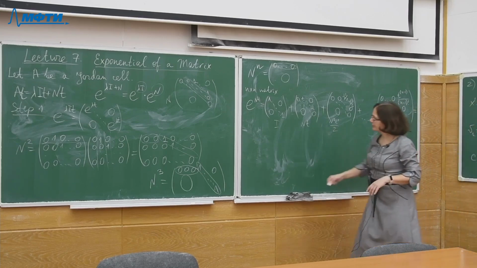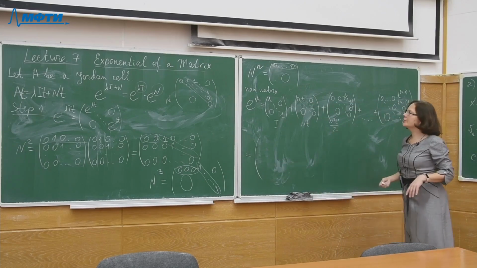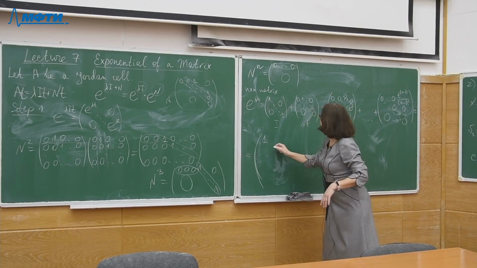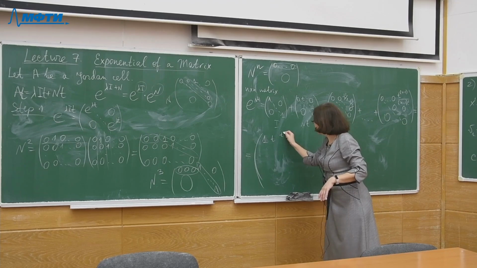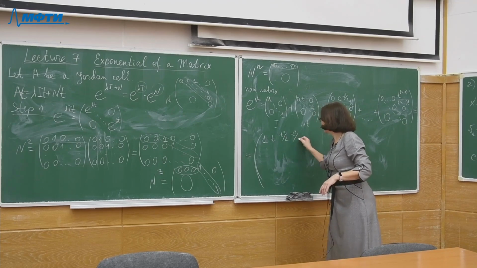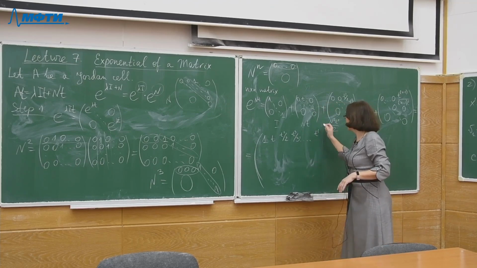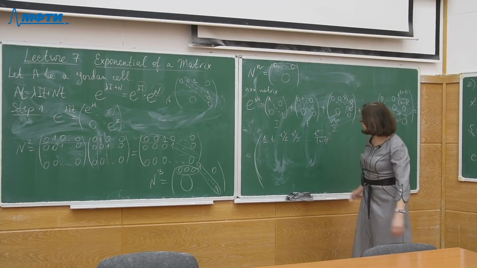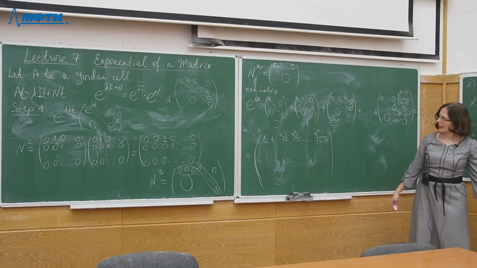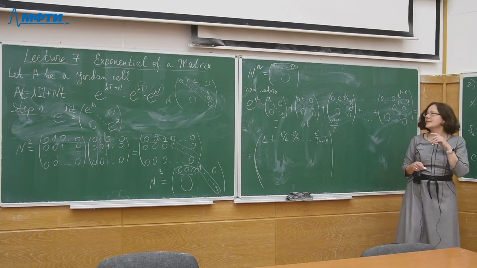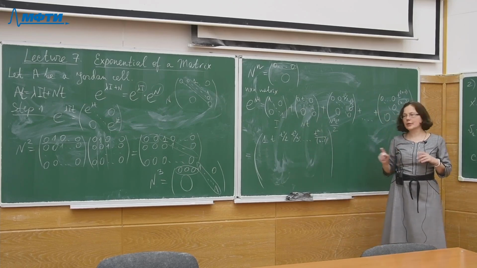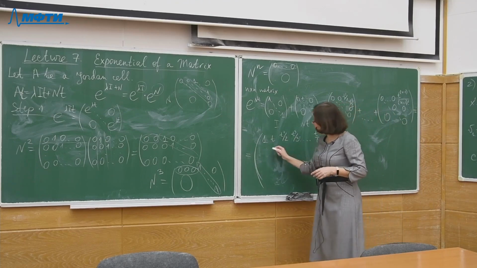And the sum will be the big matrix: 1, t, t squared over 2, t cubed over 3 factorial, up to t to the power n minus 1 over n minus 1 factorial. This is the first row. Is it clear? If we add all these matrices, the first row will be given by this formula.